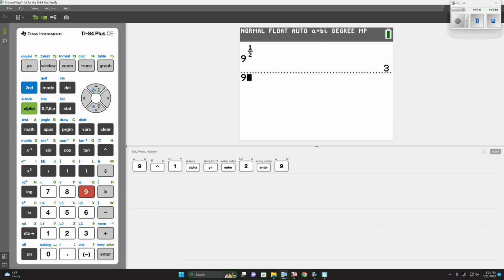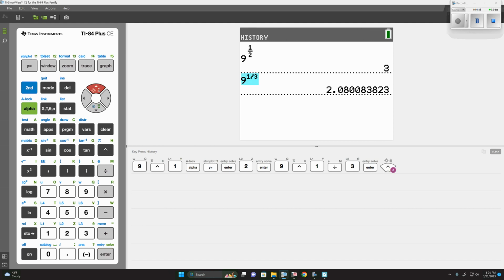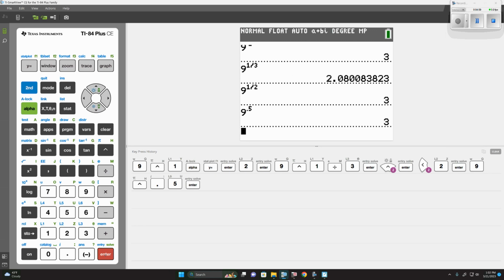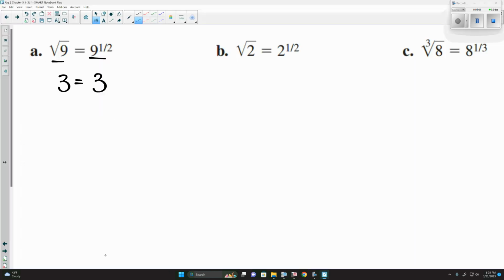We could say 9 to the 1 divided by 2. We would get the exact same thing. So any of these work, or we could say 9 to the 0.5 and get 3. So basically, it doesn't matter which way we have it. I'm going to skip B.